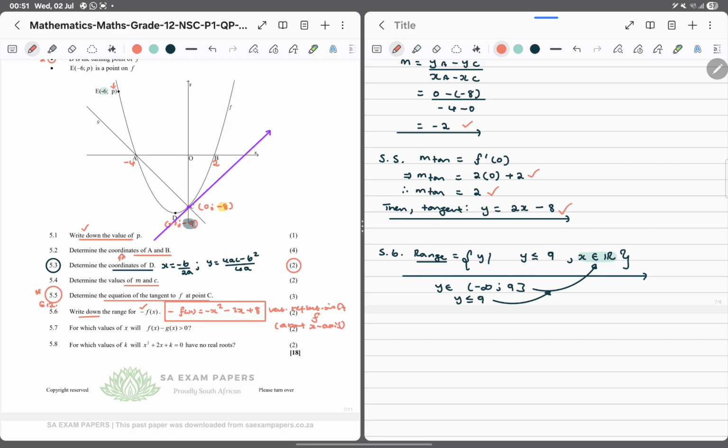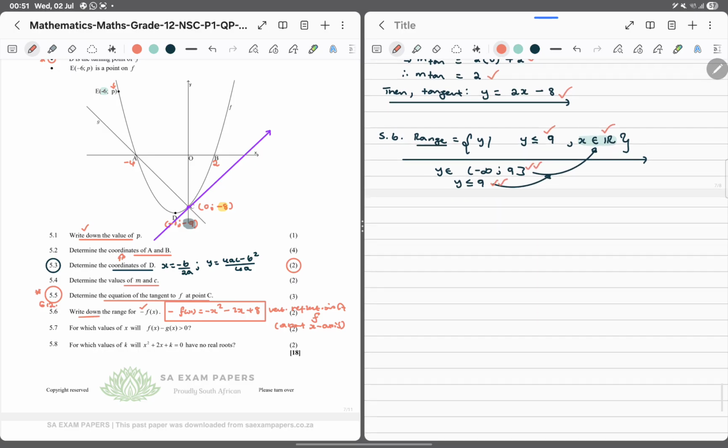Nice and easy. So easy 2 marks there, guys. So sometimes I prefer complete things than incomplete. But again, one can still score 2 marks for that or that. It's still okay. Just make sure the y value there changes its value because this is a vertical reflection.